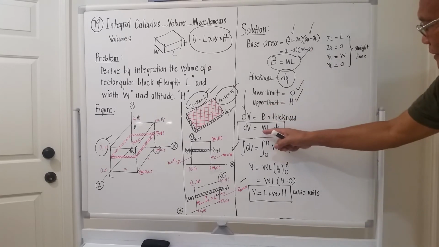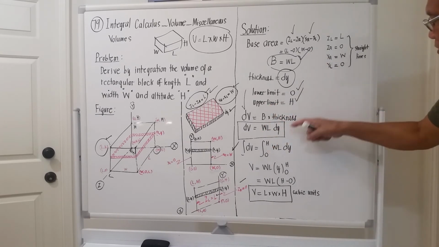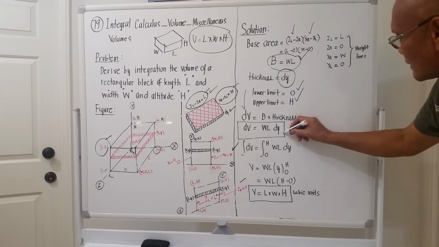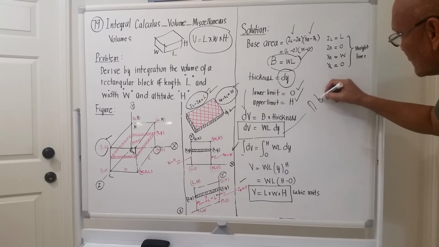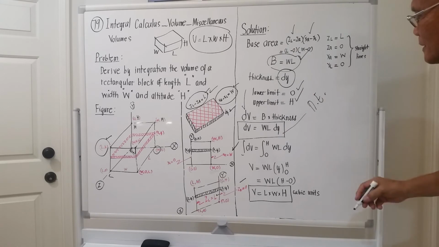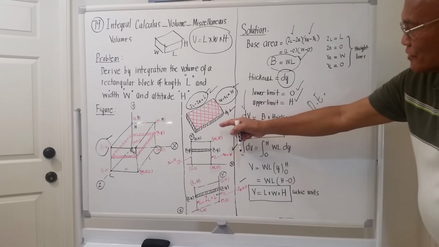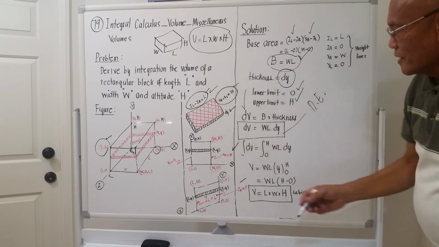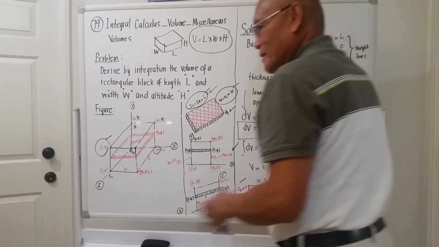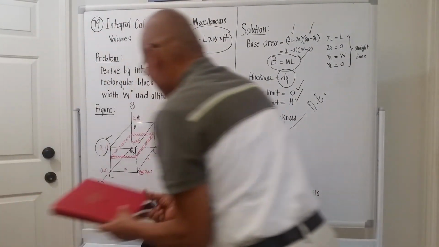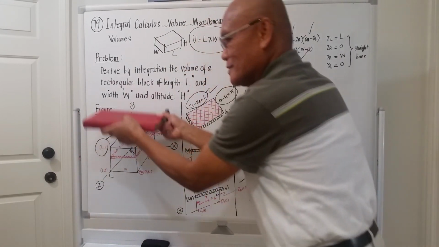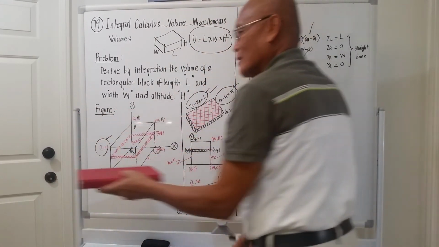Base area is WL, thickness is dy. This is now a differential equation. So to take the volume, we move the base area from 0 to H to cover the total volume.